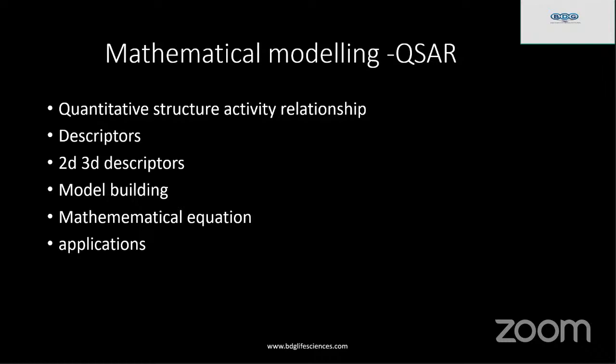Models are built on the basis of the properties. Then a mathematical equation is built on this, and the most important application is, again, as I said, we reduce the time and cost. So on the basis of these 2D and 3D descriptors, we will construct one model, which will be designing mathematical equations.